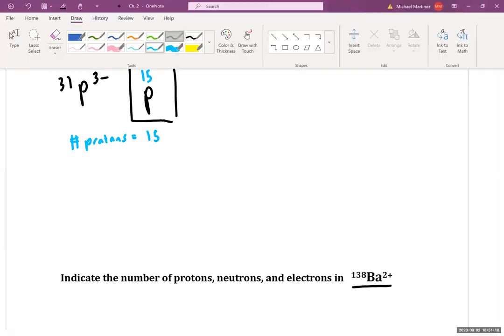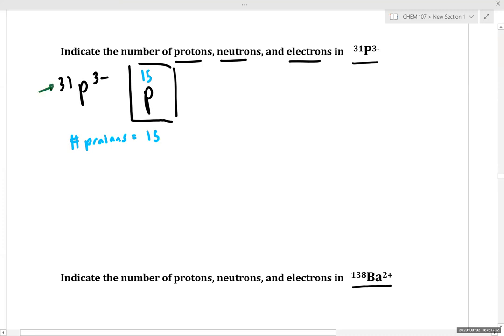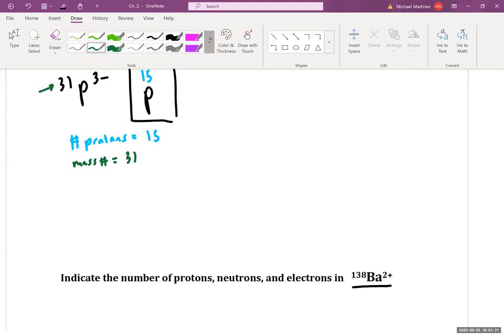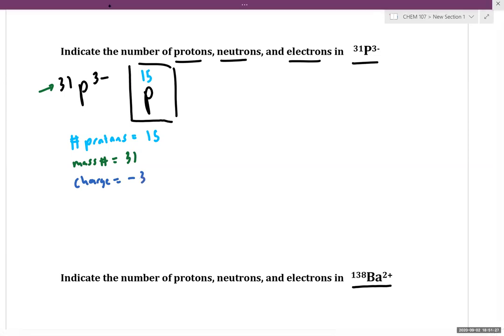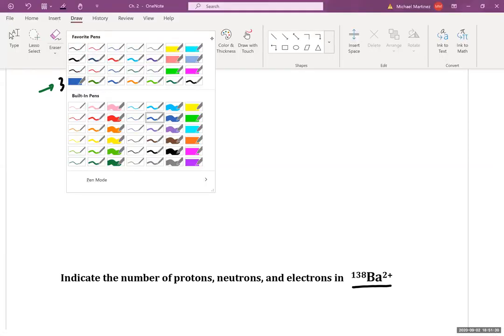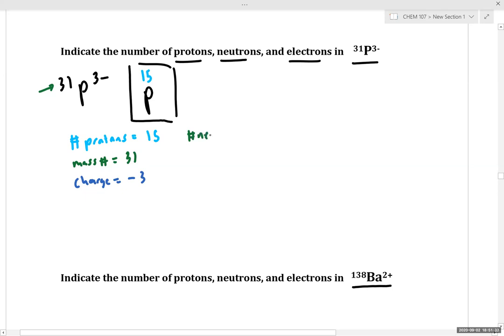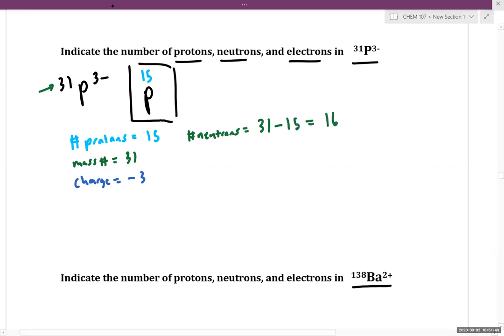We know our mass number is 31 and our charge is -3. We can solve for the number of neutrons by taking our mass number minus the number of protons, which gives us 16 neutrons.